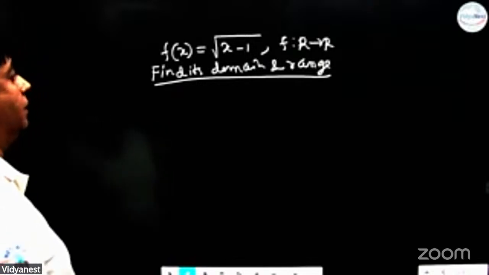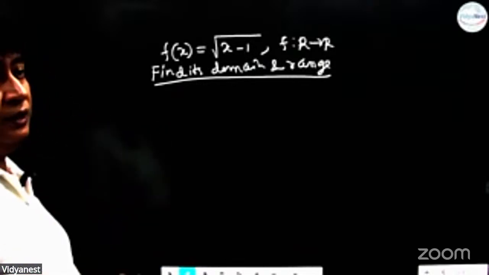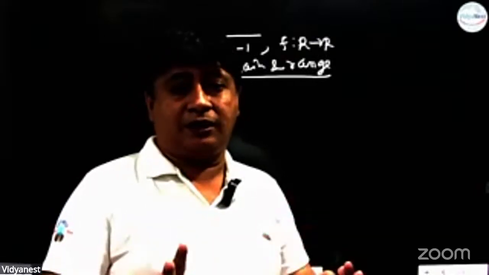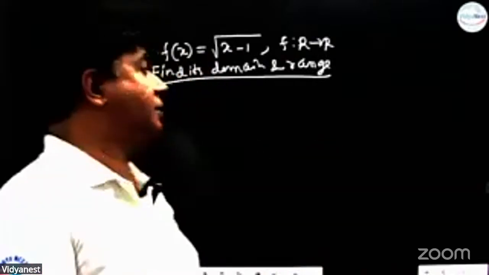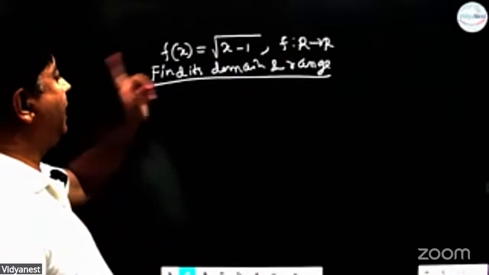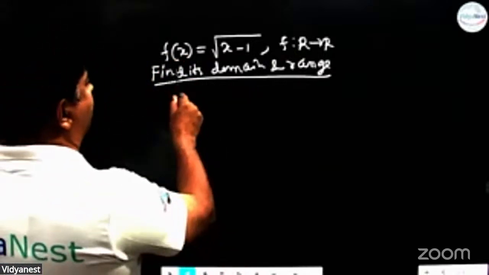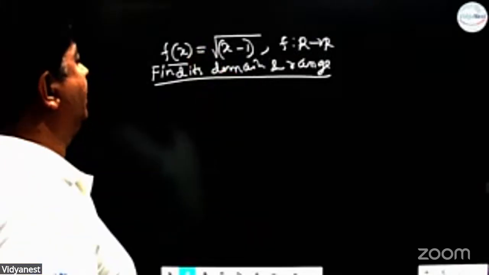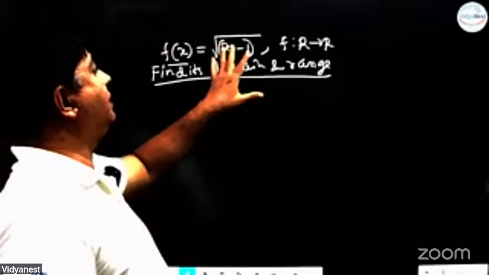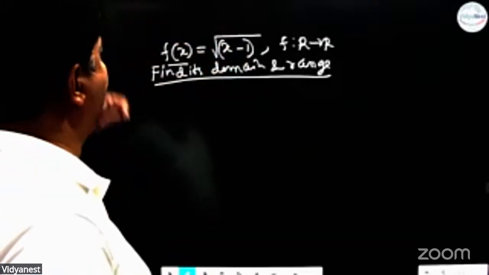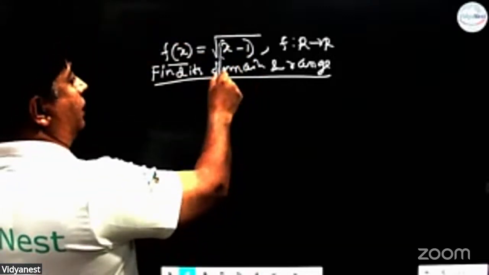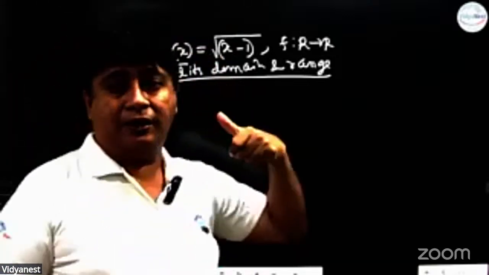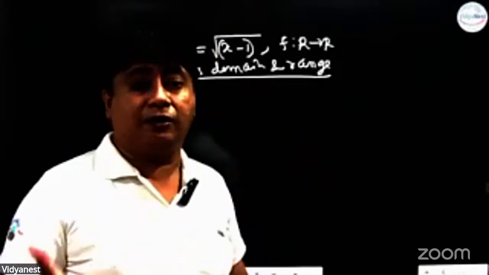See, I have told you in domain the elements, objects must be defined. So when will this function be defined? If a variable or any term is kept under root, and it is greater than or equal to 0, then it will be defined. Otherwise, it is an imaginary, complex number.